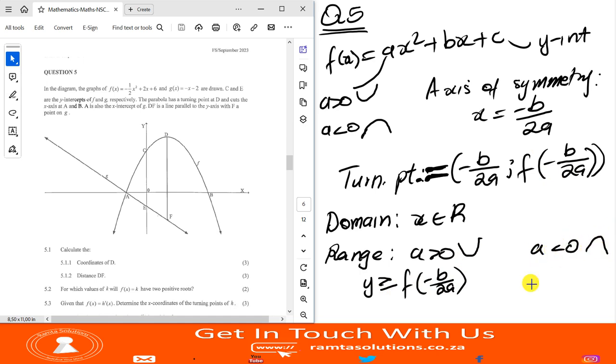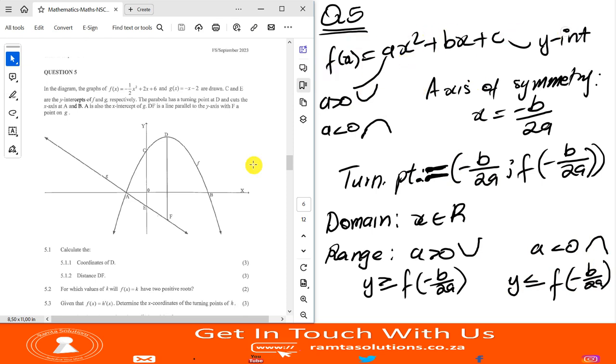We call this a maximum. So our range will be y less than or equal to this maximum here, so y is less than or equal to f of -b over 2a. This is all we need to know regarding the parabola when it's given in this form.